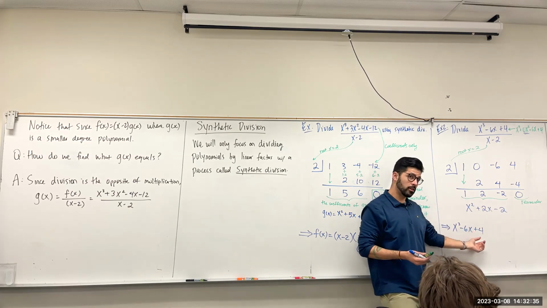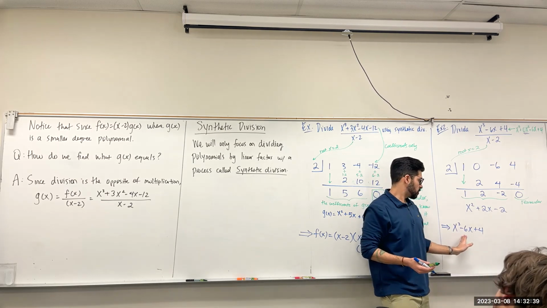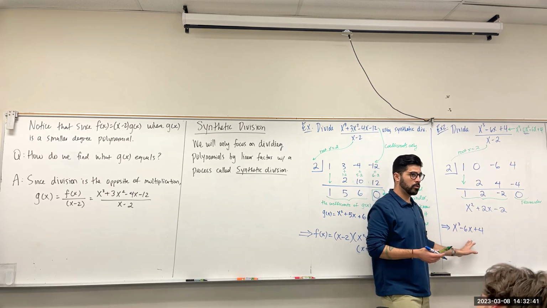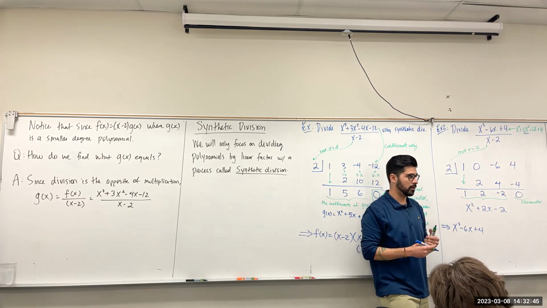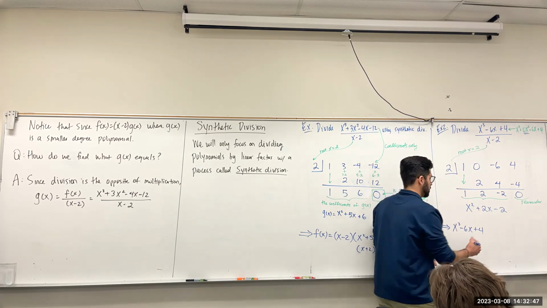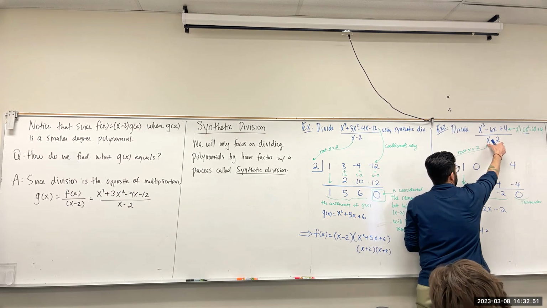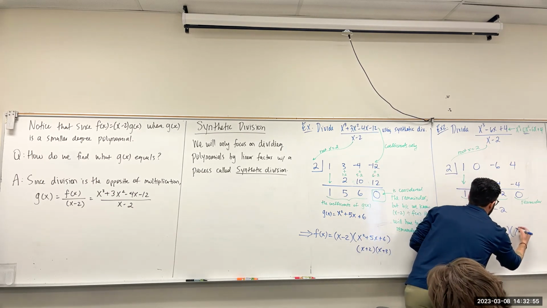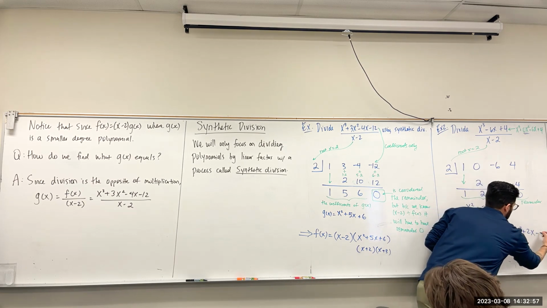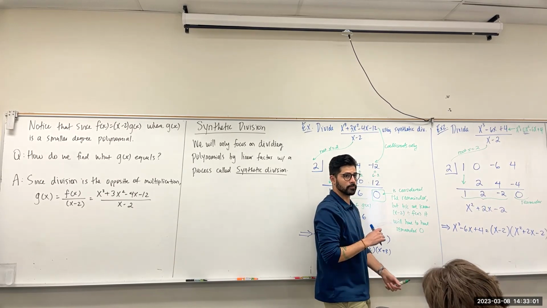It doesn't have 4 terms, so I can't do factor by grouping. There are no methods that we have to factor it. But through this process, because this gave us remainder 0, I now know that this linear factor times this quadratic must multiply to this degree 3 polynomial.